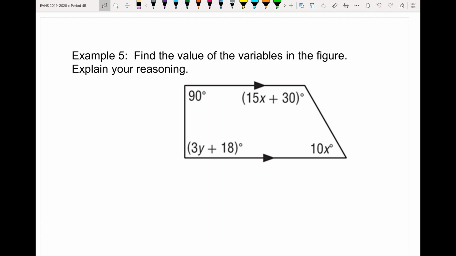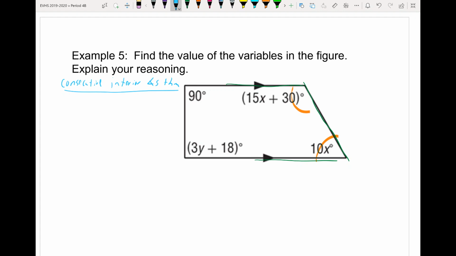Let's do the x's first. Again, I got a set of parallel lines with a transversal line cutting it. What do I know about these two angles? They're consecutive interior angles. And so the consecutive interior angle theorem tells me what? They're supplementary.